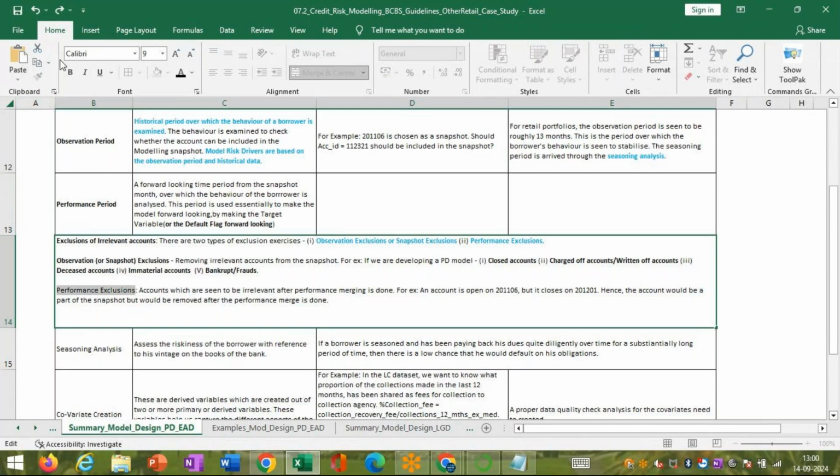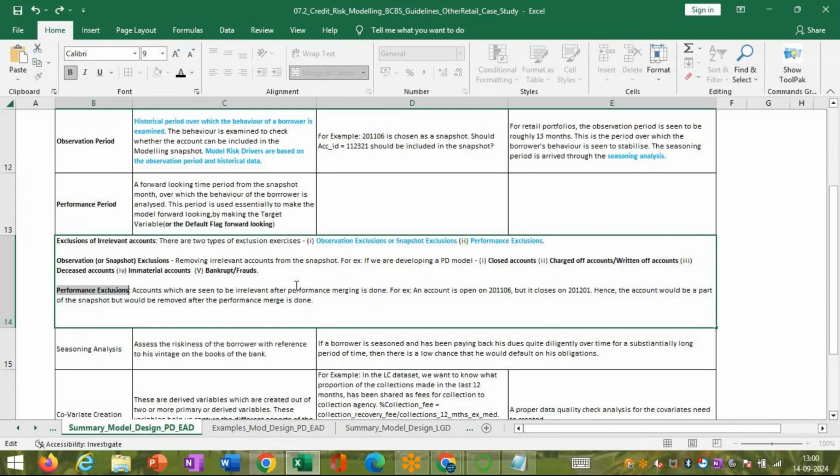Now performance exclusion is which will be irrelevant after the performance merging is done. That is, in the next 12 months, if an account has closed in between, I don't need that. If an account has defaulted, or is deceased, I don't need that. However, deceased accounts have been put under the bad definition for performance, and hence this criterion has been removed.